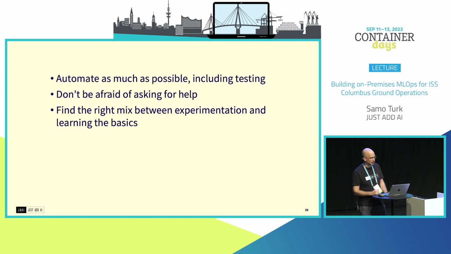Especially on Kubeflow, we try to contribute there. And also you have to find the right mix between experimentation and learning the basics, right? You shouldn't really start just by reading up without trying. So you have to find the right mix, and eventually with persistence, I guess you'll get there.